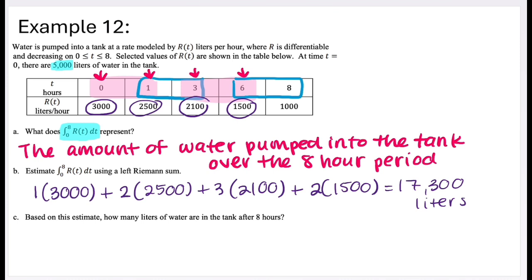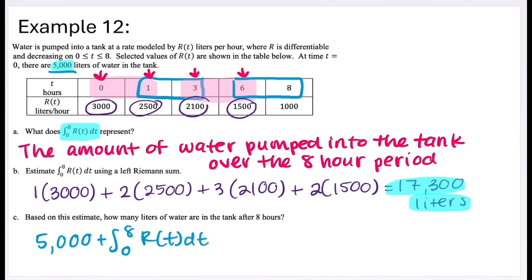Now, based on this estimate, how many liters of water are in the tank after 8 hours? So those are the amount that were pumped in. This is the amount that it changed by, but it doesn't mean that's the final amount in the tank, because we actually started with an amount of 5,000. So we're going to start with the 5,000. Then you would add that net change from 0 to 8 hours.